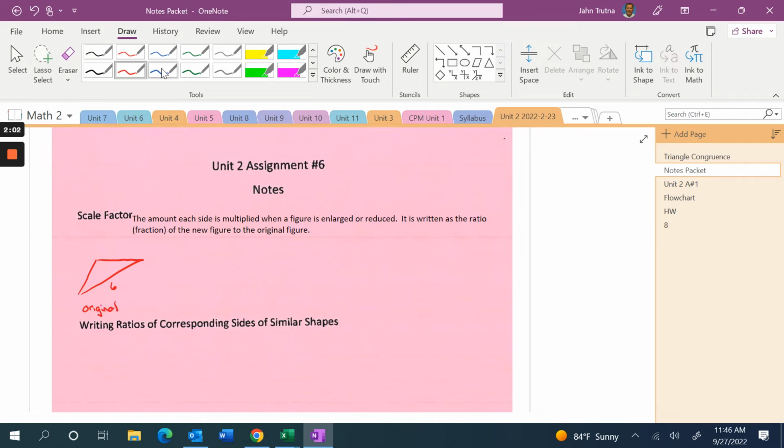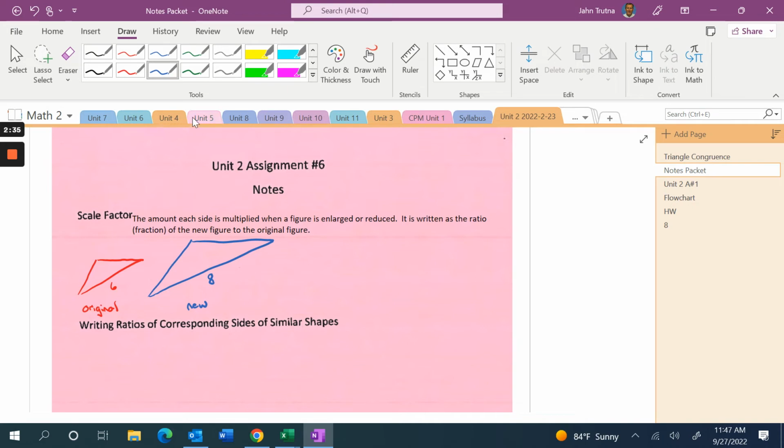Then let's say I create another triangle that is similar to the red triangle, but it is clearly bigger. It looks like this, which is the blue triangle. This is my new triangle. And let's say the slanted side in my new triangle, going from left up to right, is 8.